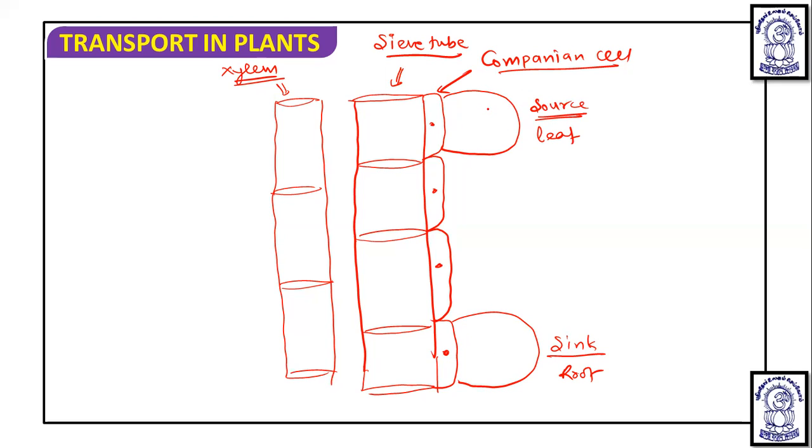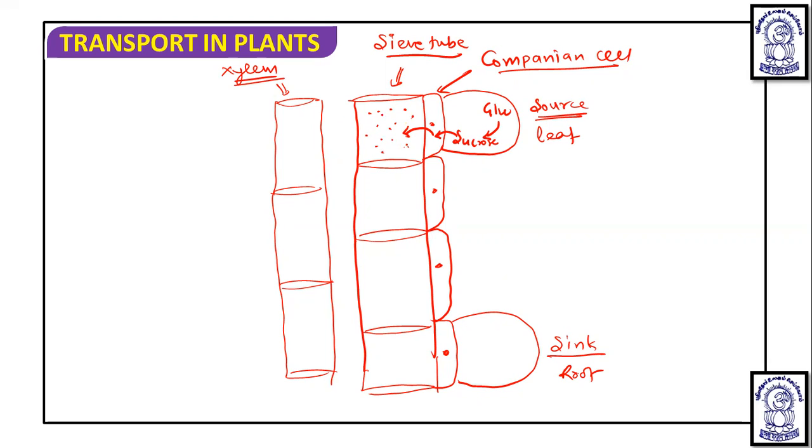Food synthesis occurs, in the form of glucose. When glucose is synthesized by photosynthesis, it gets converted into sucrose. In the form of sucrose, it travels to the companion cell, and from the companion cell it enters the sieve tube element, and this is the sucrose.